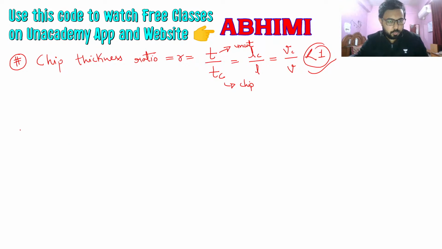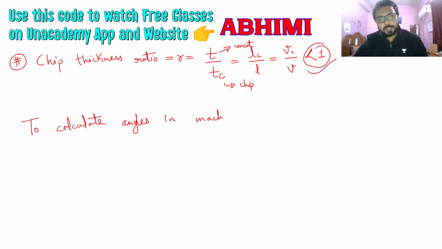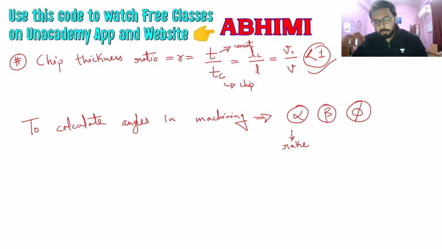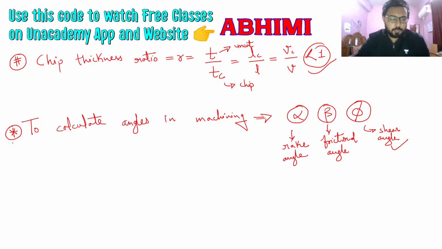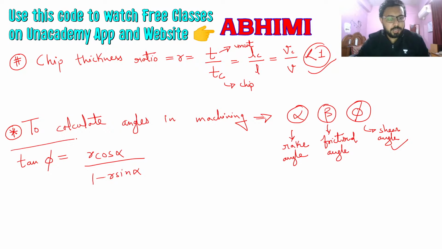And I will just mention it here: to calculate angles in machining, that is alpha, beta, phi, the rake angle, frictional angle, and shear angle, you need first of all this formula, which gives you the relation between the shear angle and the rake angle.